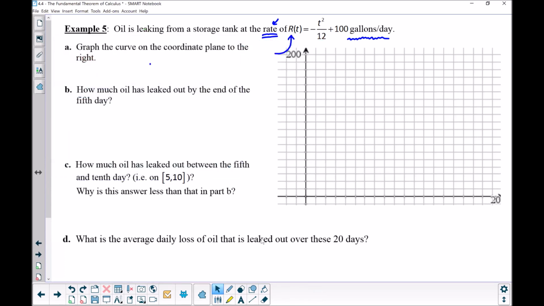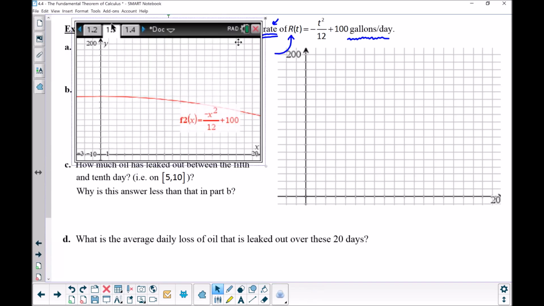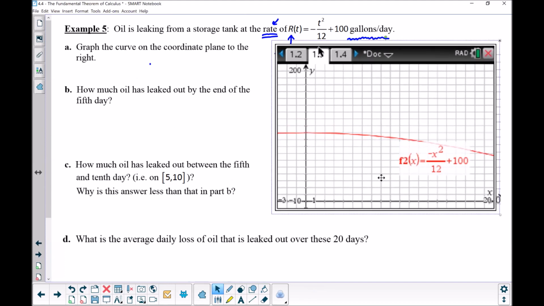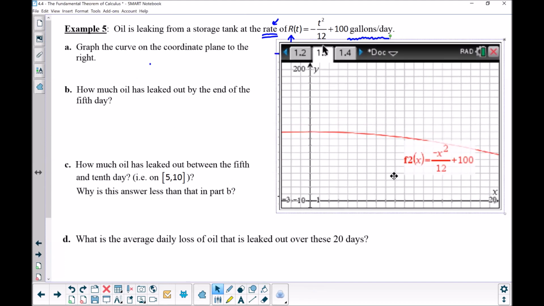I need to bring in not the table, but the graph. There's the graph, right? So, hey, I could just cheat. I could just do this. Hey, I got it sketched. Looks pretty good. So as long as your graph looks something like that, everything is good to go.